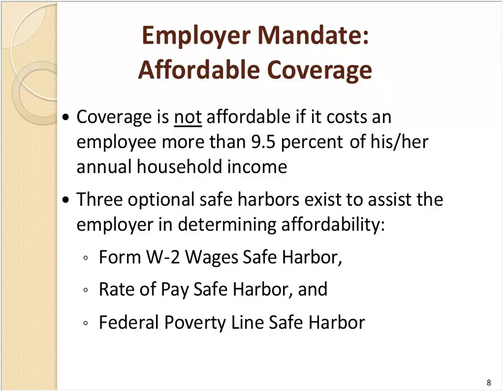One of the safe harbors, and the one that I think most employers are probably using, is the W-2 safe harbor. If the employee's premium that the employer wants the employee to pay for the coverage is not more than 9.5% of the employee's W-2 wages that the employer pays, then that meets the affordability test for the employer.